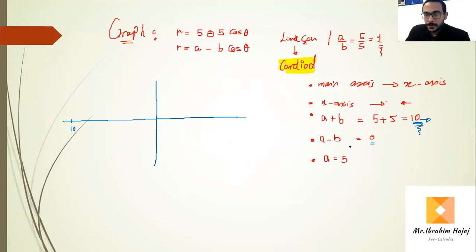Okay, a minus b is 0, so I will put a point here at 0, and a is 5. A is 5 means that we're gonna move along the opposite axis, the y-axis, to 5 and to negative 5, at pi over 2. I'm gonna move up 5: first circle, second, third, fourth, fifth circle, and also move down to the fifth circle.